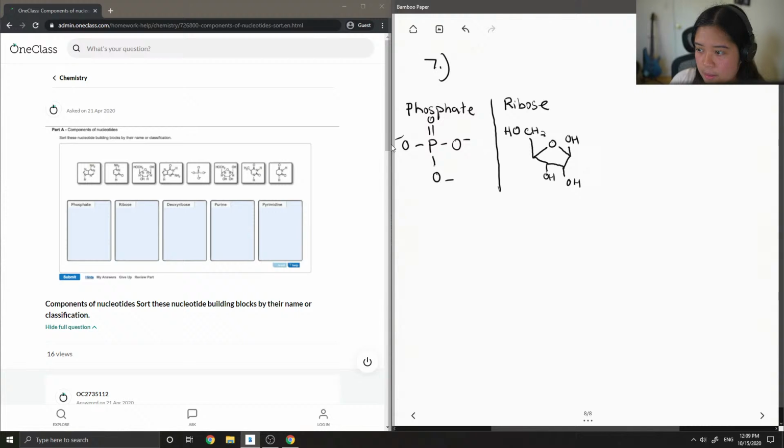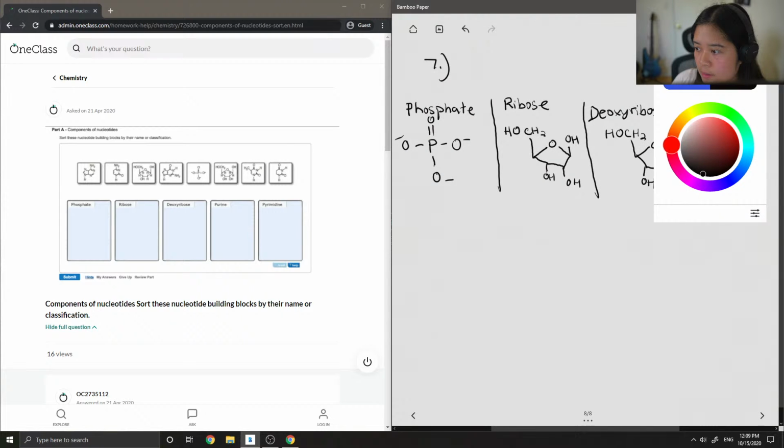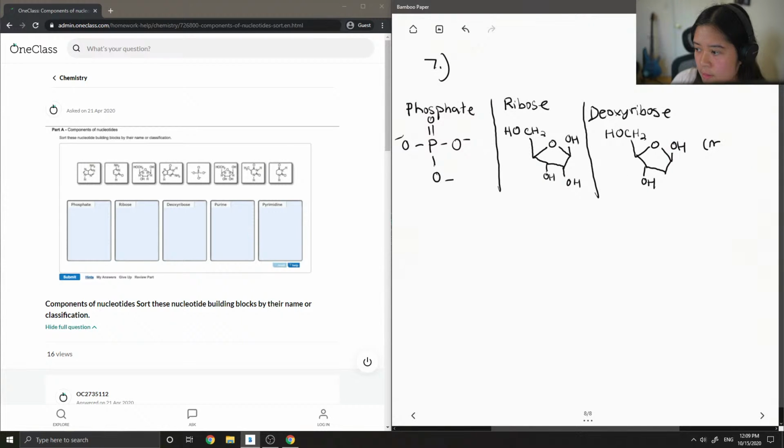And then basically deoxyribose has a similar structure, but it's missing that alcohol group. So let me write that down. Missing OH group.